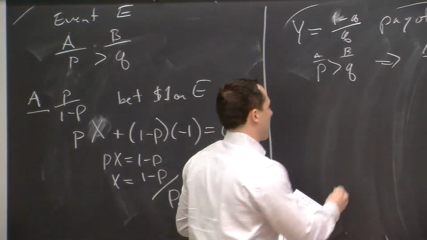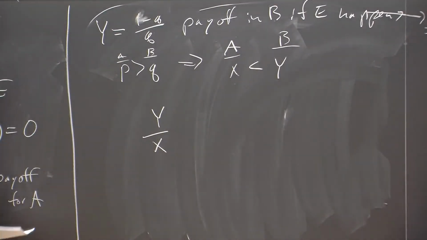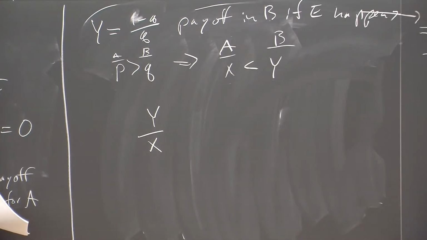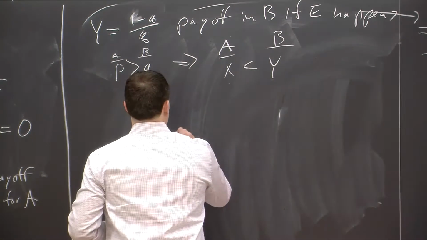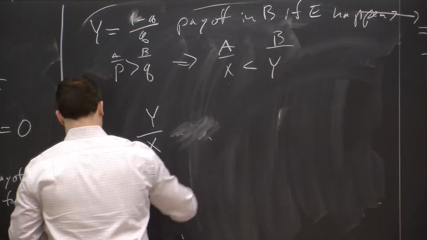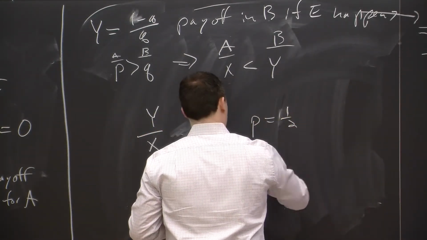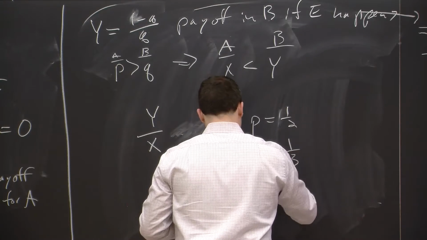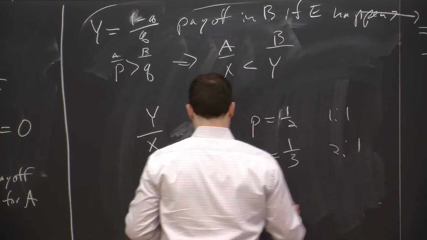How much money do I make? For every $1 I invest, I make Y over X. So that's what the odds ratio is. In a concrete example, P is equal to 1/2 and Q is equal to 1/3. So this is 1-to-1 odds, and this is 2-to-1 odds.